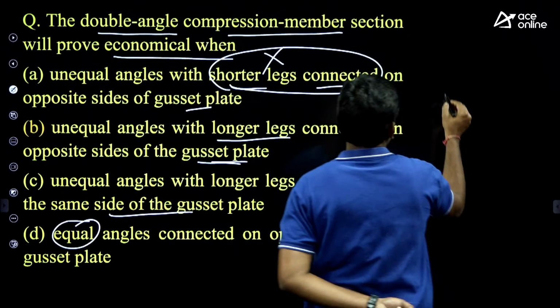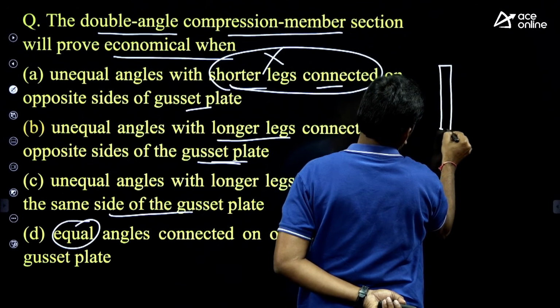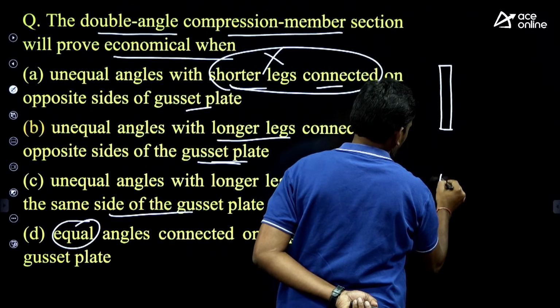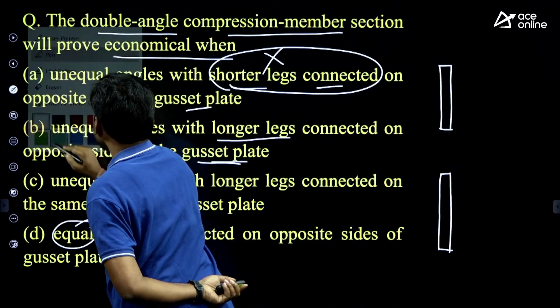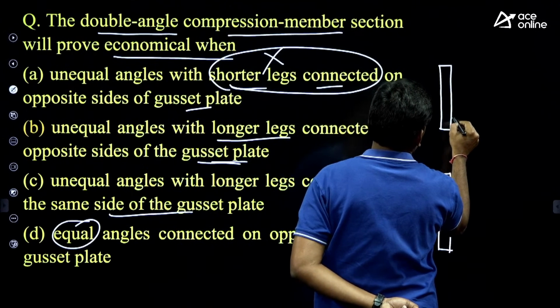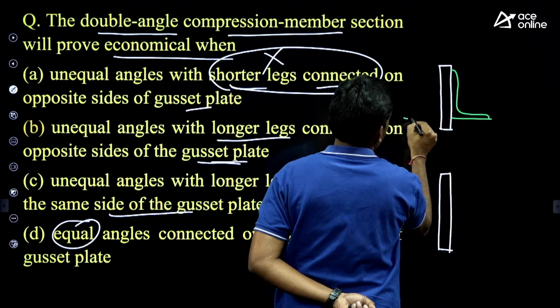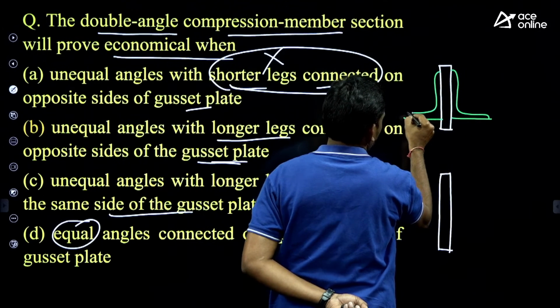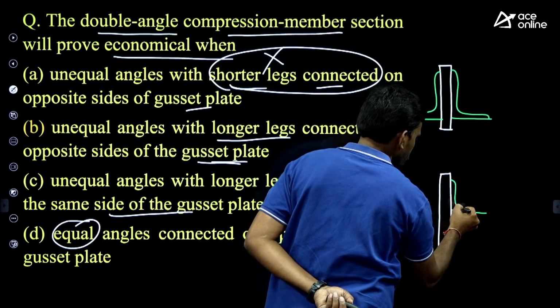Students, if you see this diagram, these are rough diagrams, and the same side of the gusset plate.